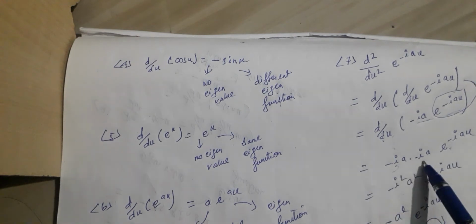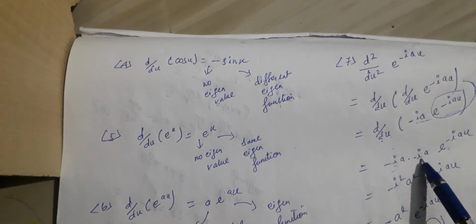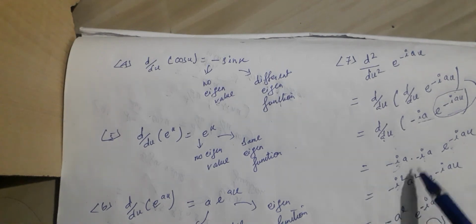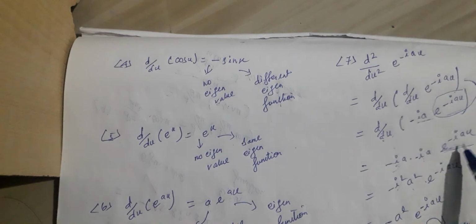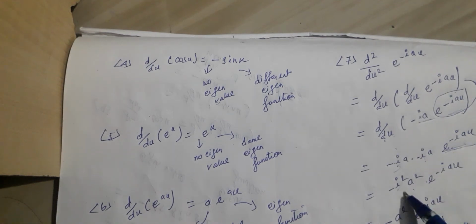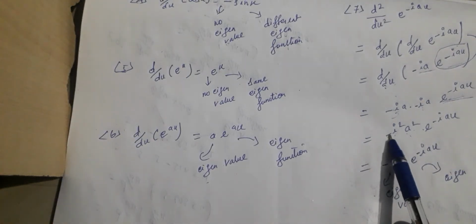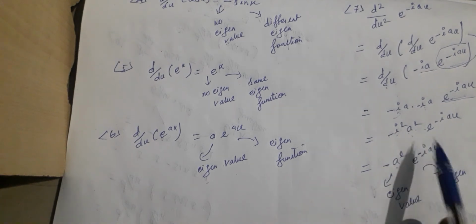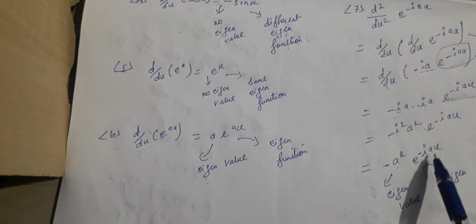See, minus ia into minus ia gives i square a square, so the remaining term is e power minus iax. See, i square value is minus 1. So minus 1 into a square, and the remaining e power minus iax.